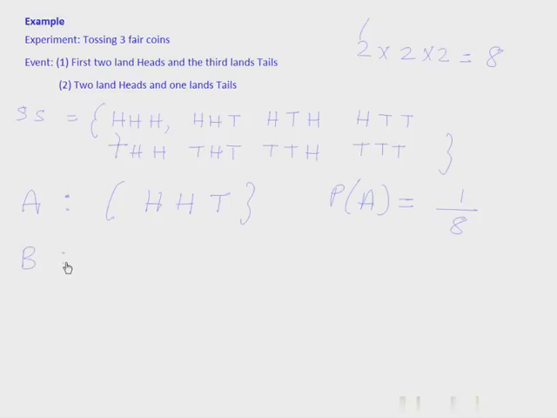Event B: 2 land heads and 1 lands tails. Okay, so let's identify all those which have 2 heads and 1 tails. Those outcomes are heads, heads, tails, heads, tails, heads, and tails, heads, heads. Probability of event B is 3 out of 8.